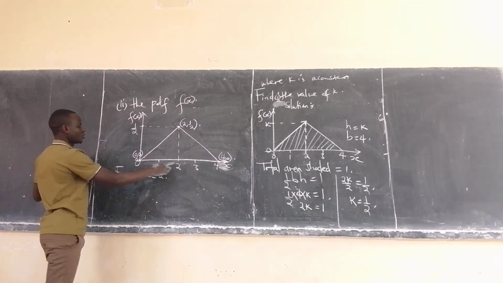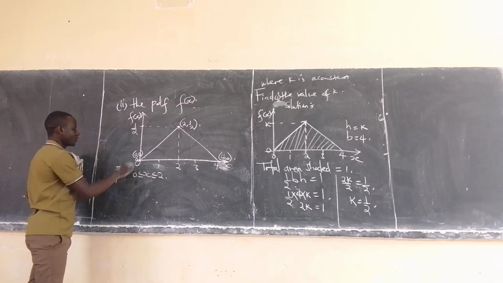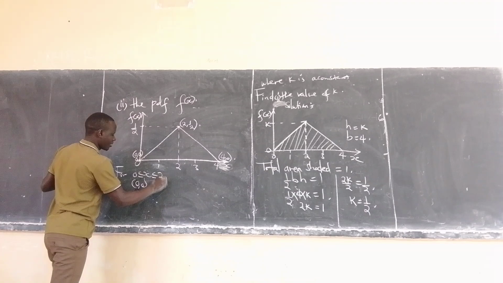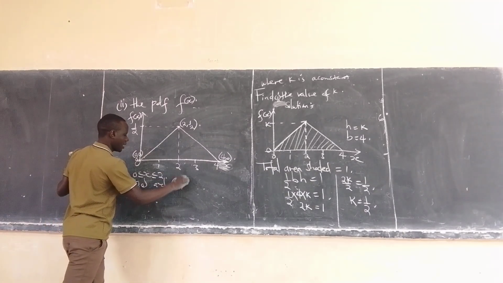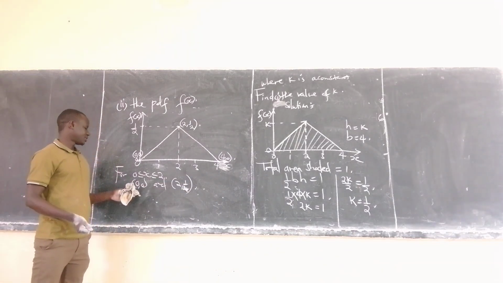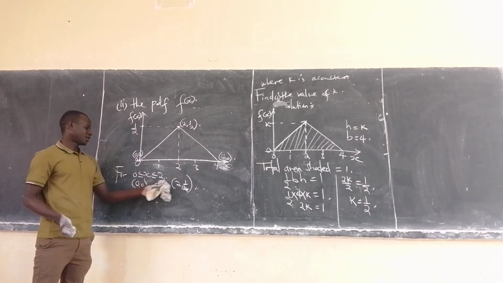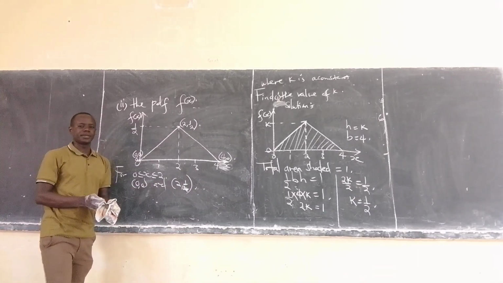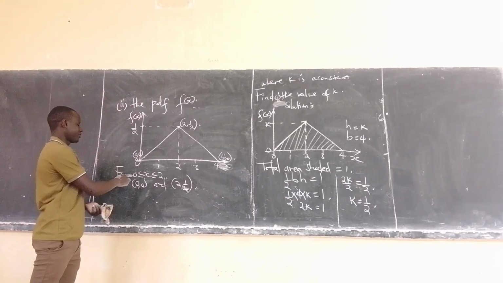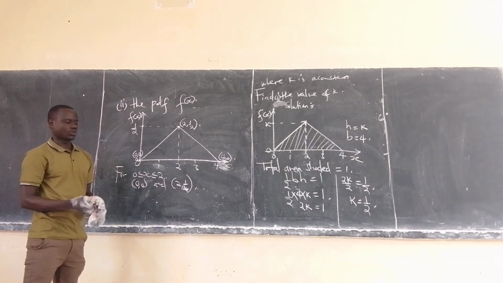So from 0 to 2, we are going to use the coordinates 0, 0, and 2, a half. The equation of the straight line that connects 0, 0 and 2, a half will be the function of the PDF for the interval from 0 up to 2.